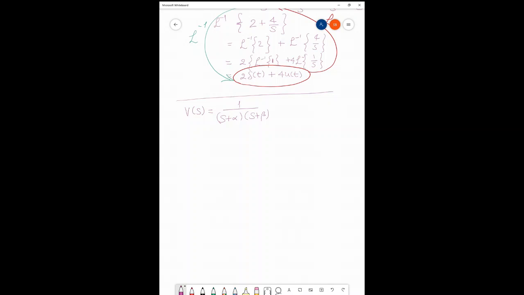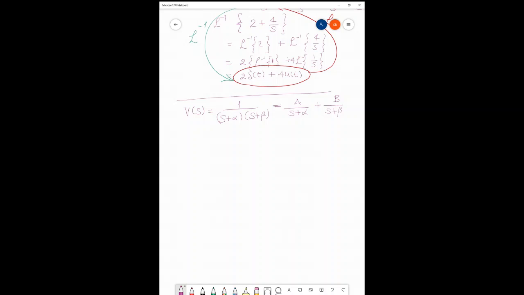When we are given a function like that, we have to be able to split this into partial fractions, where we have A over s plus alpha plus B over s plus beta.